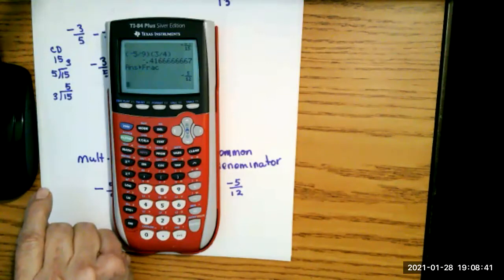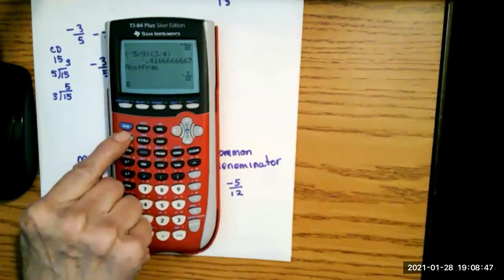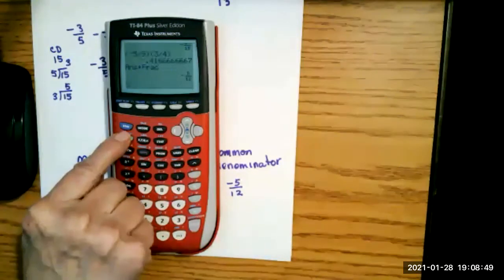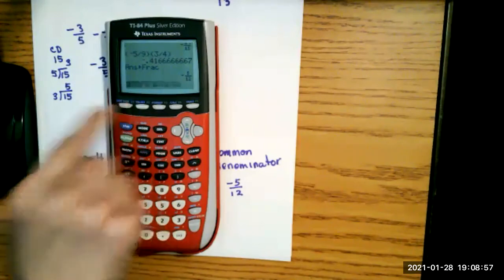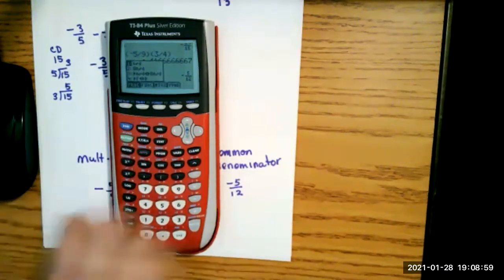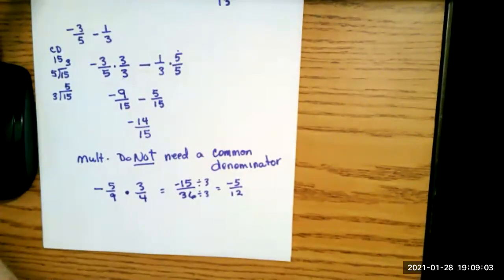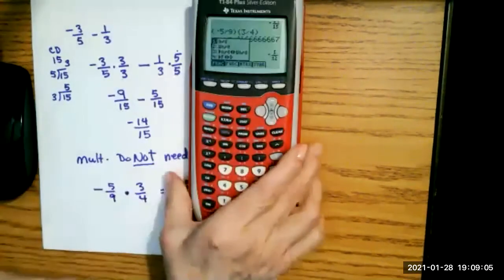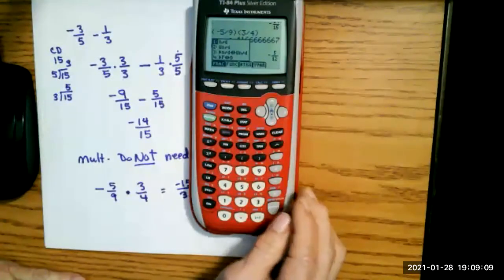I think it's alpha and second. Yeah, it'll give you a little bitty box with all those options. That sure does. That's a great idea.